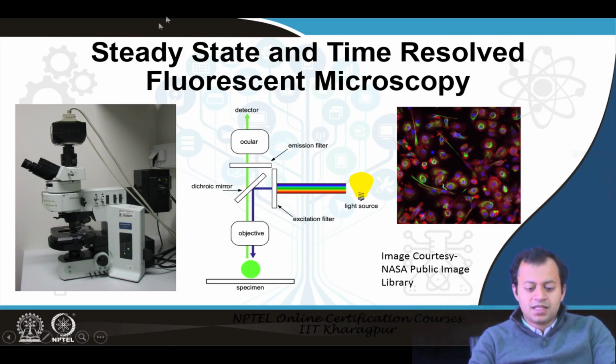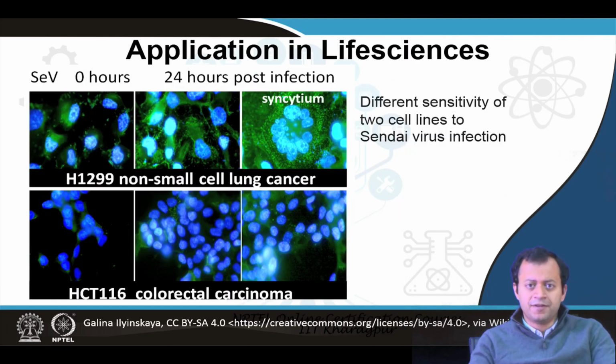So, this single-handedly revolutionized life sciences completely. Now, we are able to observe by fluorescence microscopy single molecular level changes happening inside a cellular environment. Application in life science, see how beautiful this has happened.